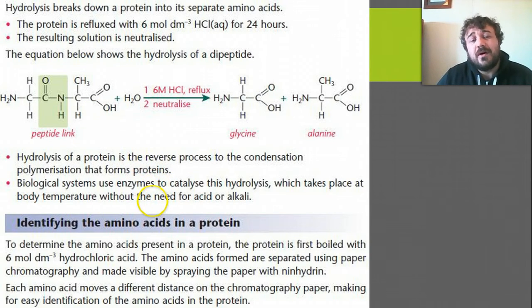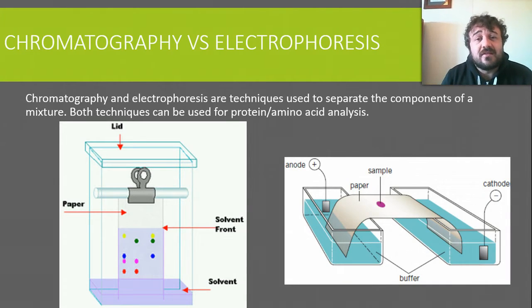Then use one of the two processes that we're going to talk about. This is either separating it with paper chromatography and then spraying it with ninhydrin, or using electrophoresis. We're going to spend the rest of our lesson comparing those two ideas.